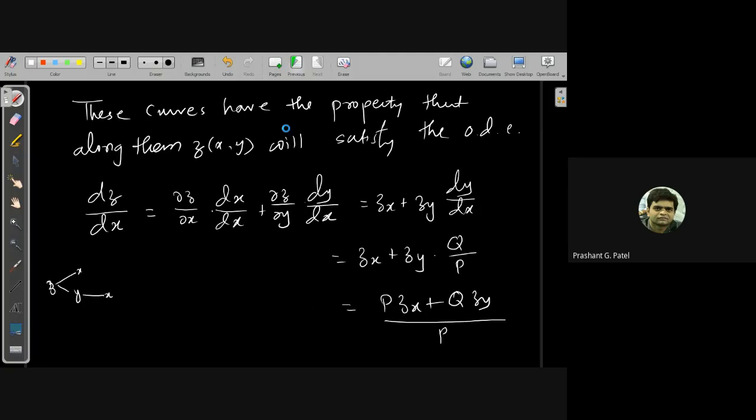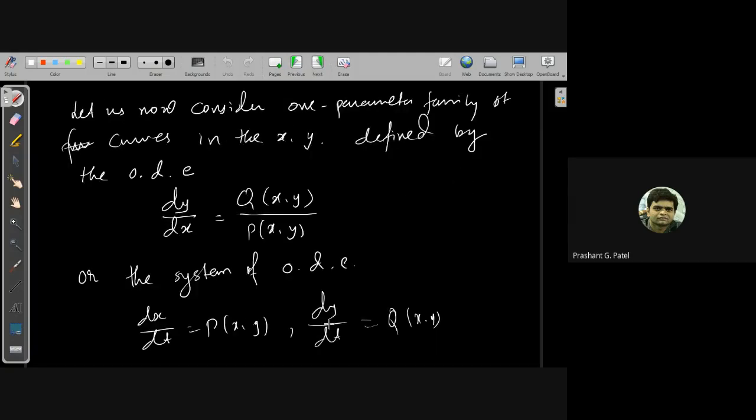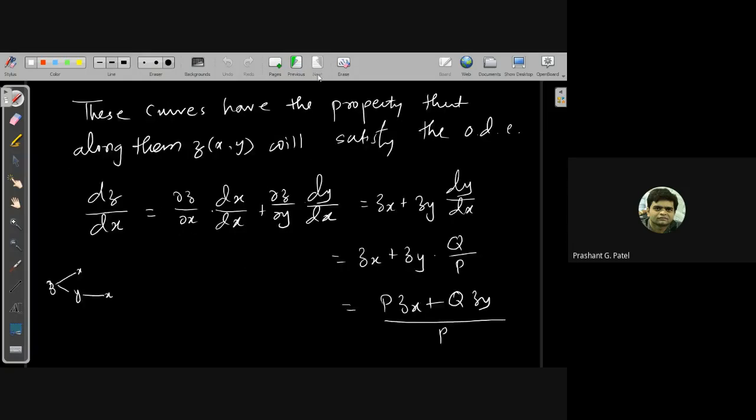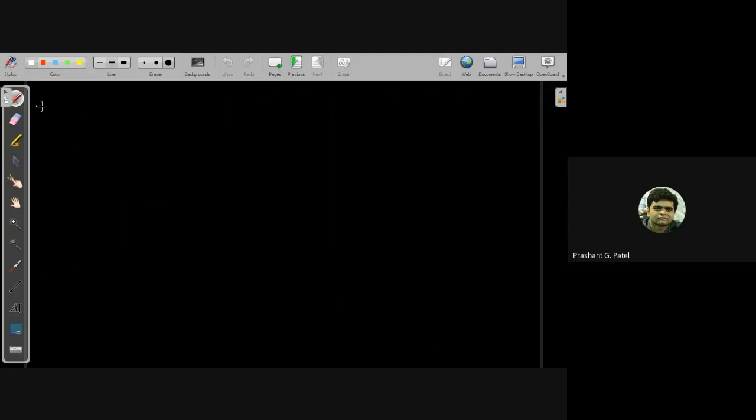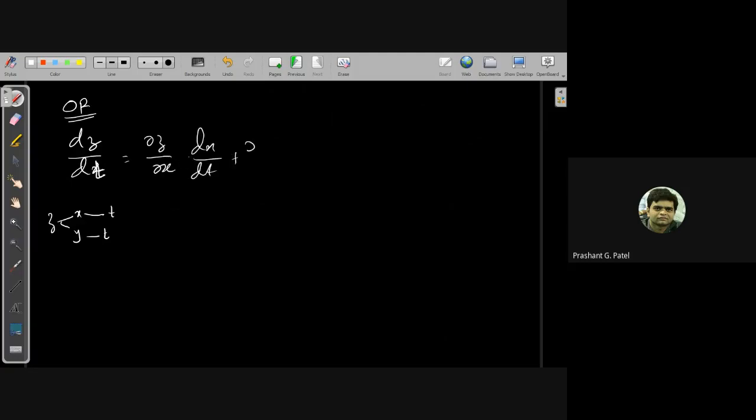If you consider this way, that is a system of equations, then z is a function of t, so you will have dz by dt. Here z is a function of x and y, both of them functions of t. So it is del z by del x into dx by dt plus del z by del y into dy by dt.